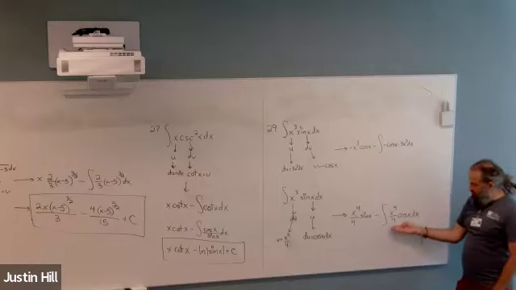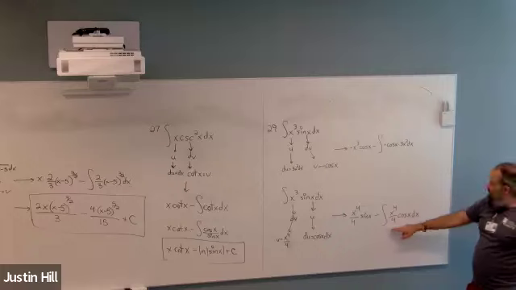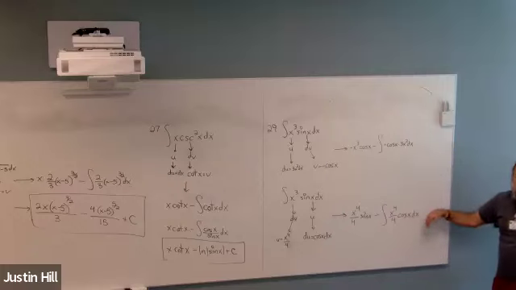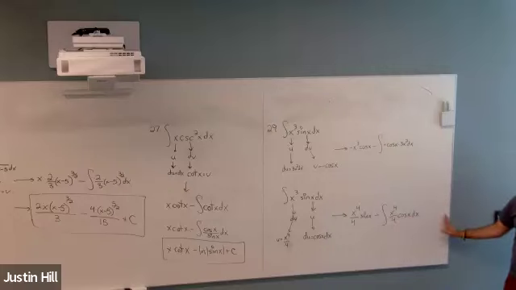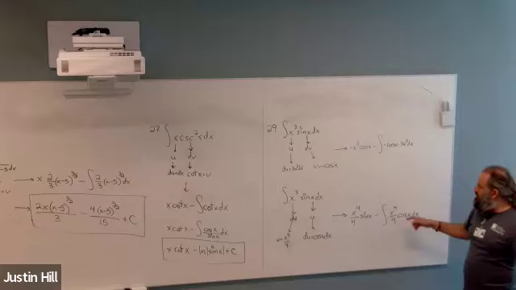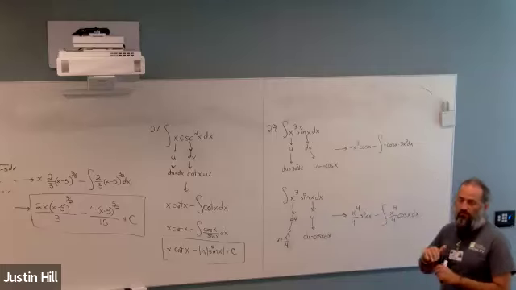The other issue with this is that if I keep picking this as my dv, at least in terms of thinking about the polynomial, this process is never going to end. The next one's going to be an x to the fifth, and the next one's going to be x to the sixth. I'm going to have to keep doing integration by parts over and over again. Now, technically, the trig function is going to make it so that in this case, you wouldn't do it infinitely.